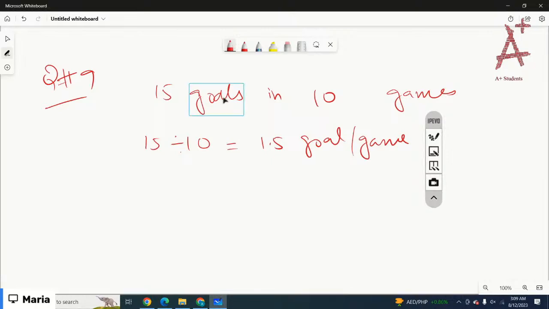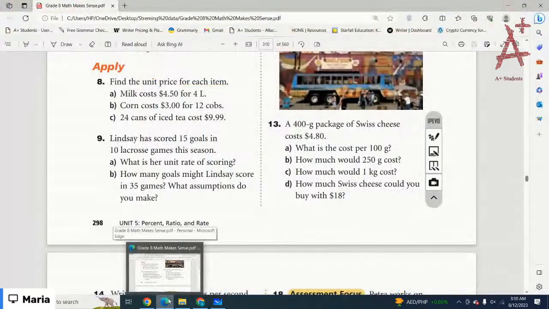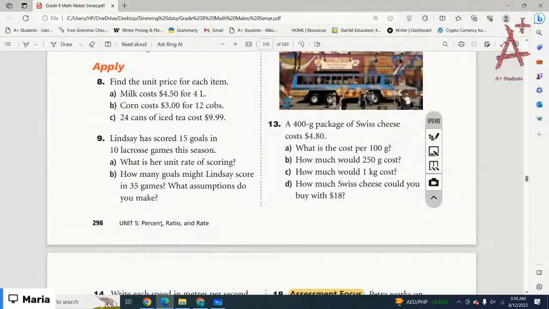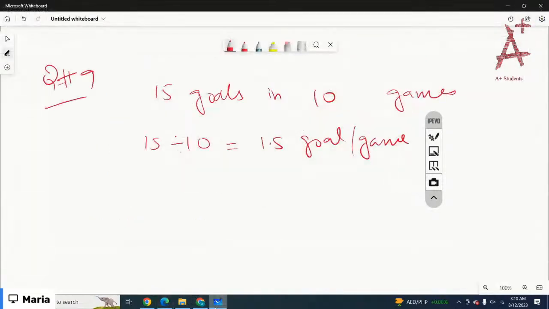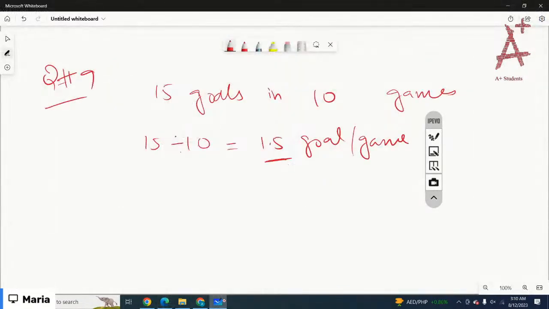Okay, the B part is: how many goals might Lindsay score in 35 games? What assumptions? Okay, in one game he can do 1.5 goals. You have to find how many goals he can do in 35 games. So you have the goals for one game. Just multiply 1.5 by 35.